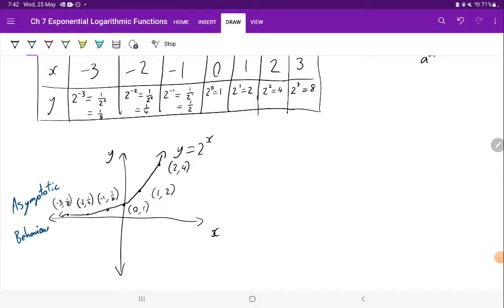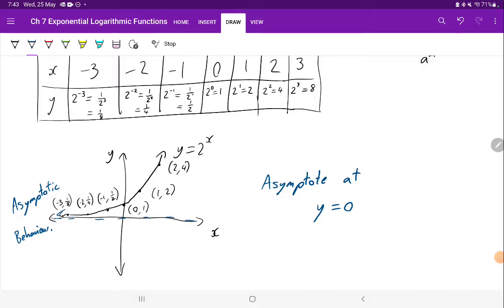Where we'd say there's an asymptote at y equals 0, the x-axis. It's approaching this line, but it's never going to quite reach it.